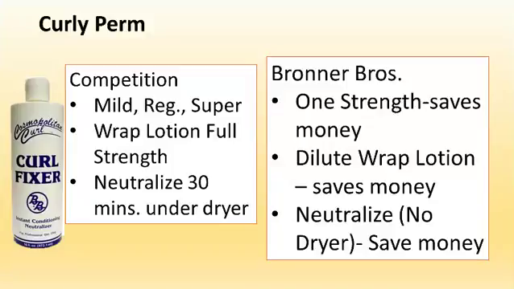The third step in the process was what we call neutralizing, where you put this chemical on and that neutralizer would actually stop the action of the straightening and form this curl.